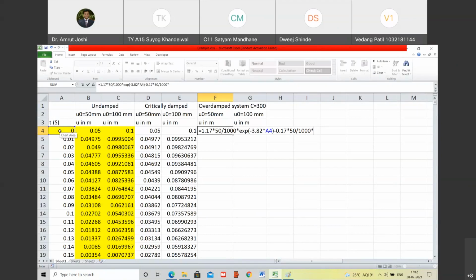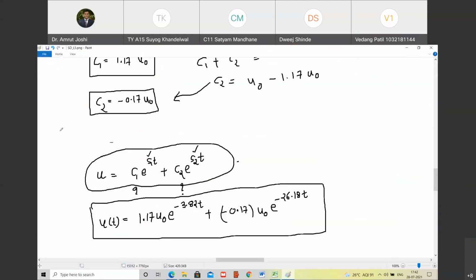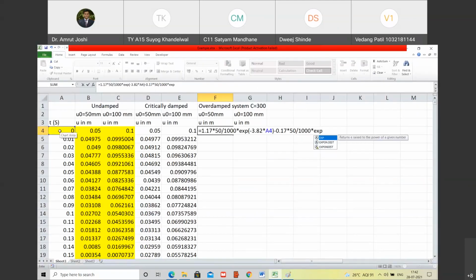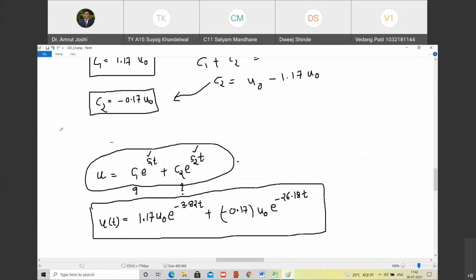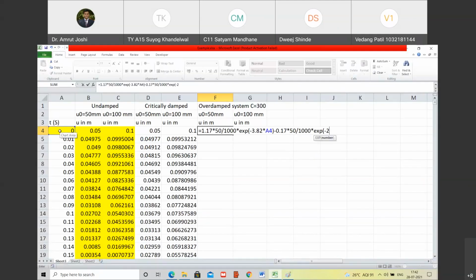Multiplied by exponential, exp into bracket, e raised to what? Minus 26.18 into t. But t is nothing but A4. In the next cell, it will become A5. In the next cell, it will become A6. Happy? Yes, sir. So this is the solution.